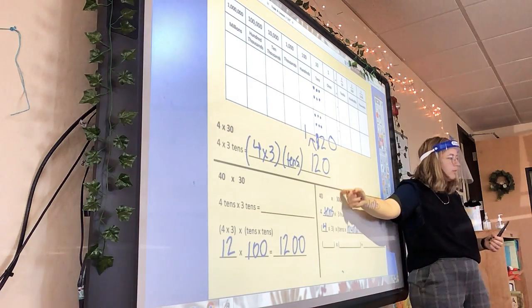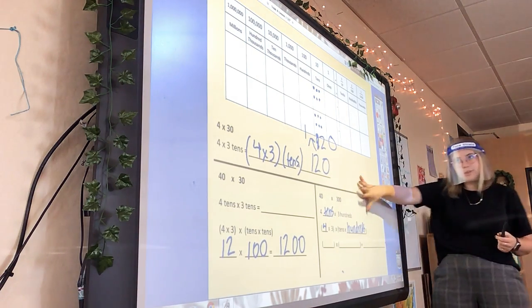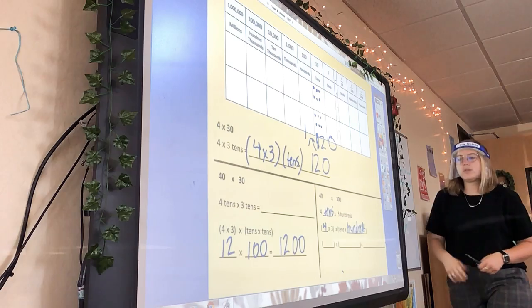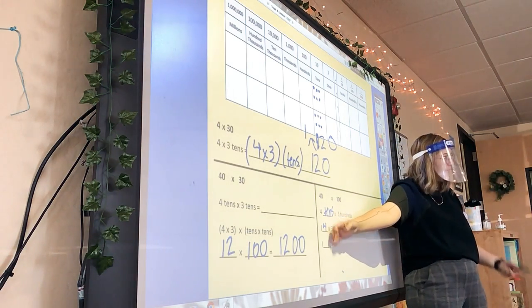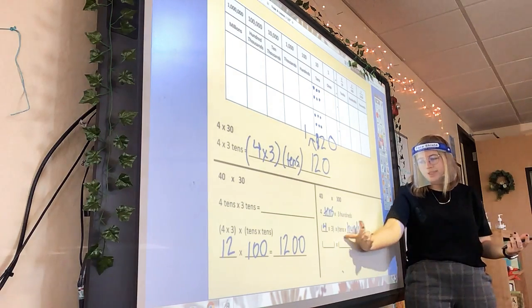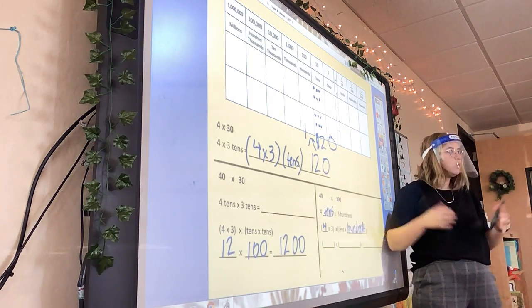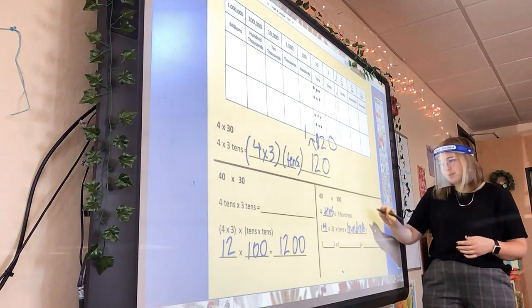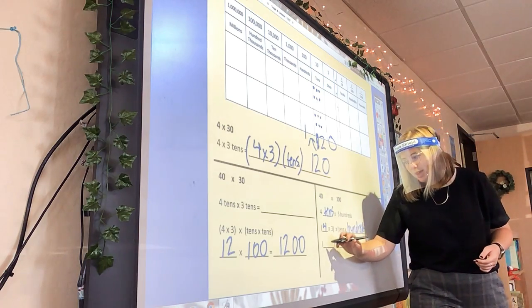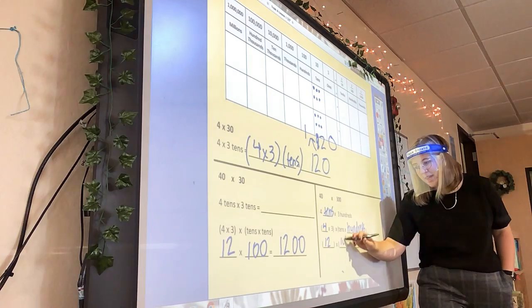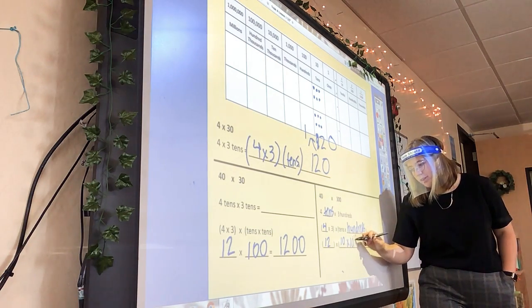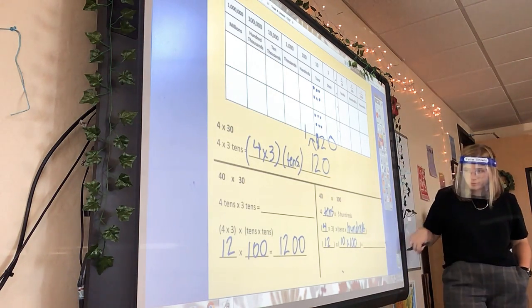Because we have to keep the same units from above, right? So we just take the whole numbers out and multiply them together, so we get 12, right? And then we can multiply the tens and hundreds, which is really 10 times 100, right? So 4 times 3 is 12, okay? And then we have 10 times 100, okay?